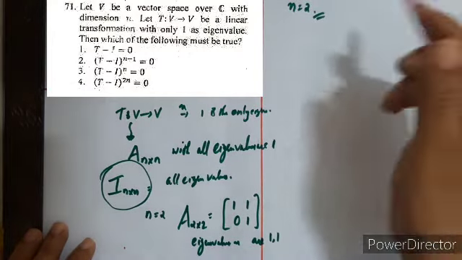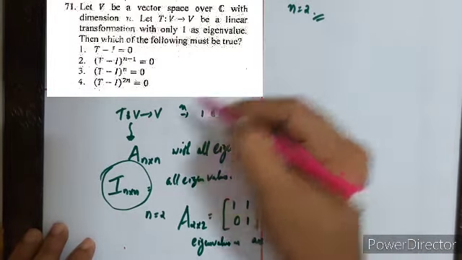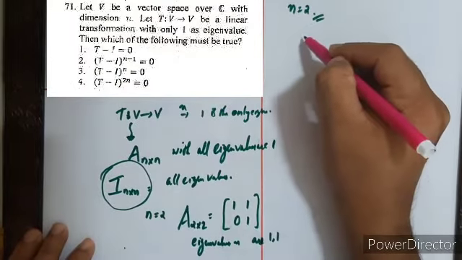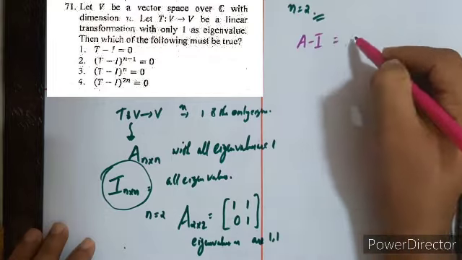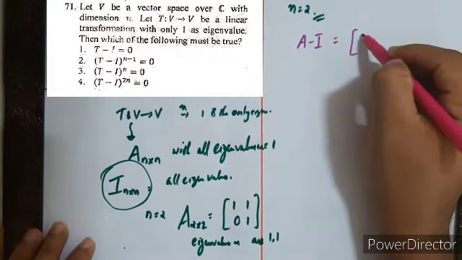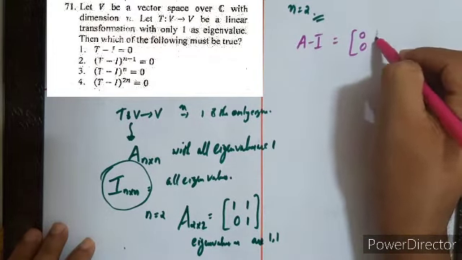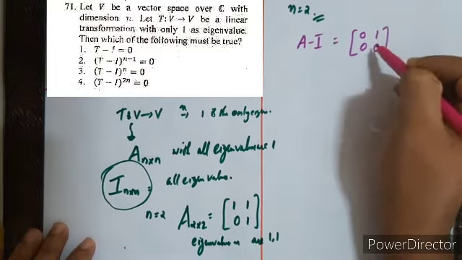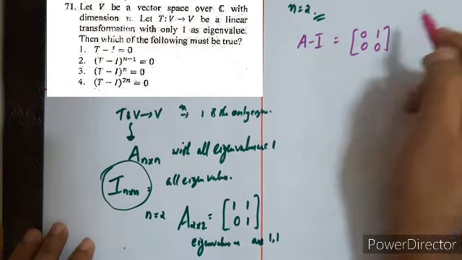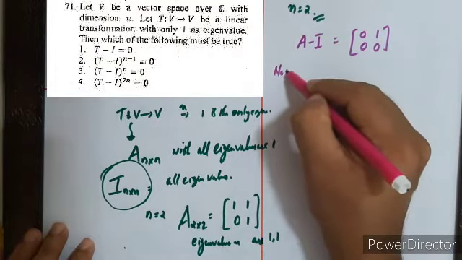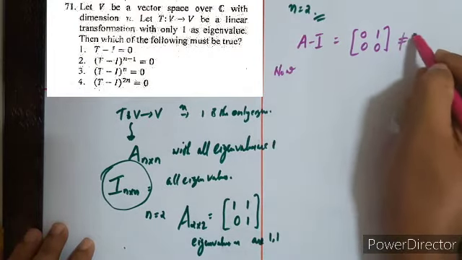Now I am taking A instead of T. So the A minus I matrix is [0, 1; 0, 0]. Here all eigenvalues are 0. So this is not equal to 0, right?